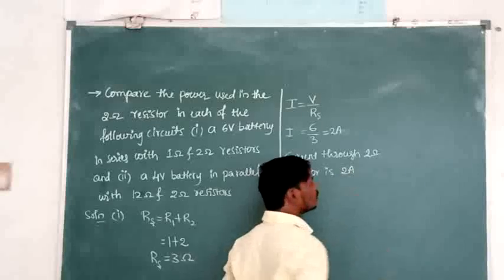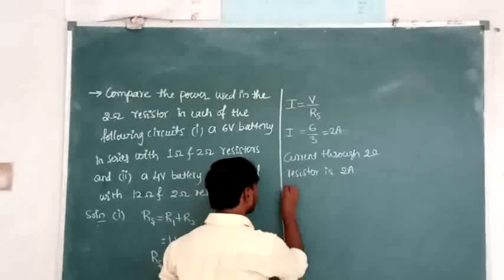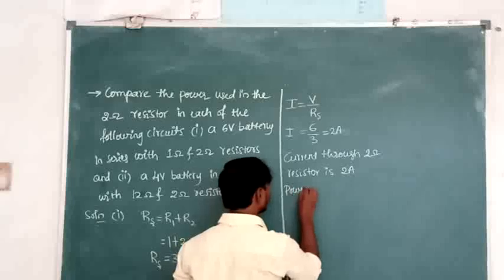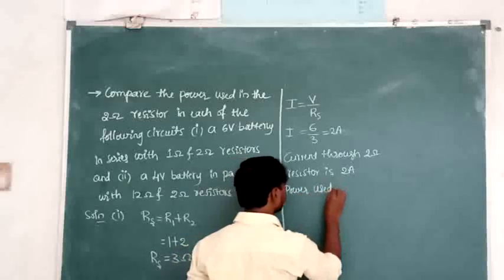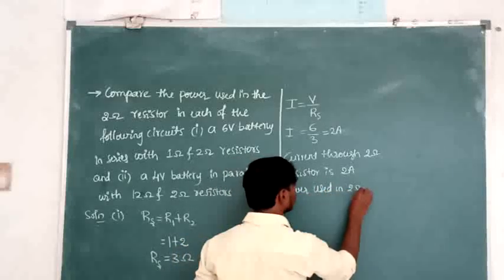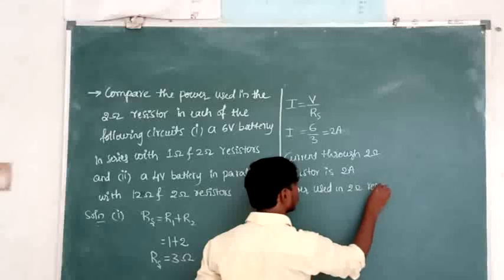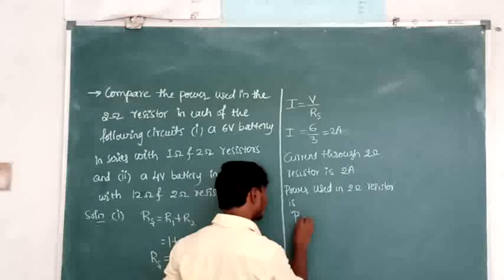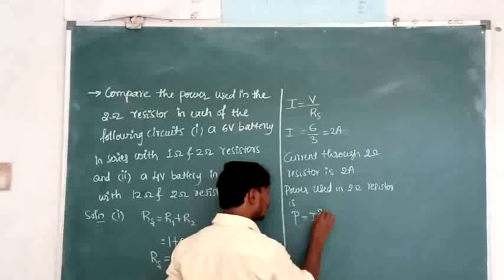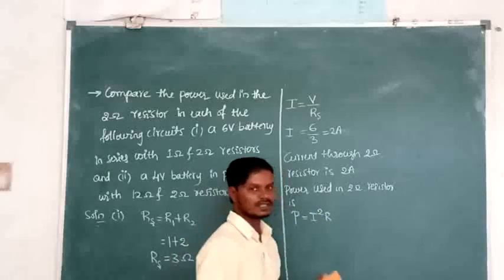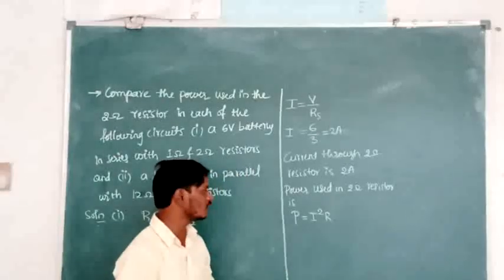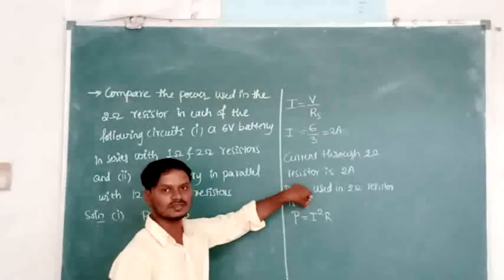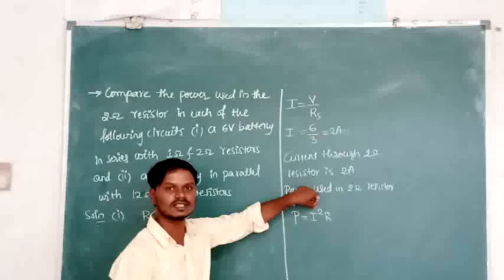And power used in 2 ohm resistor. P is equal to I square into R. Why do we have to use this formula here? We are going to use this formula to find the power in series combination. In series combination, what is same? Current is same.